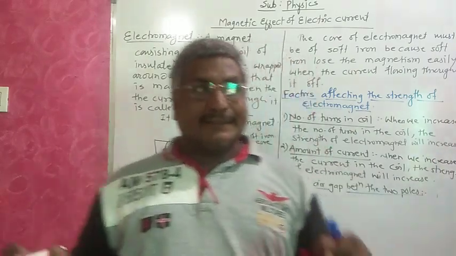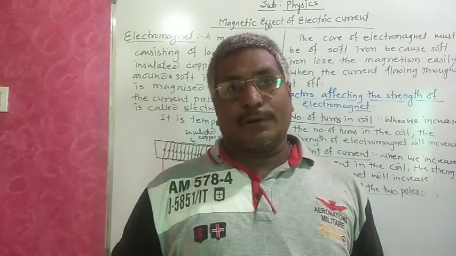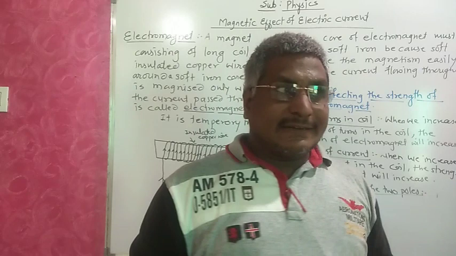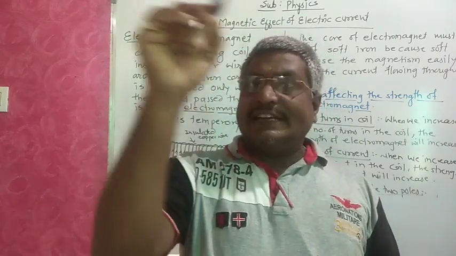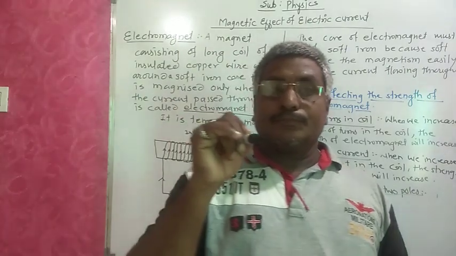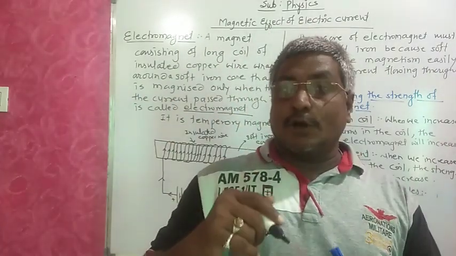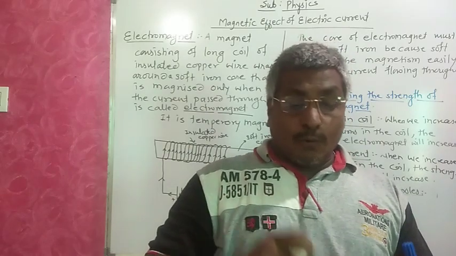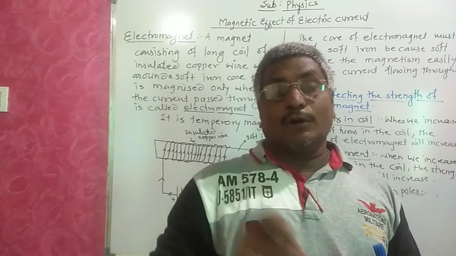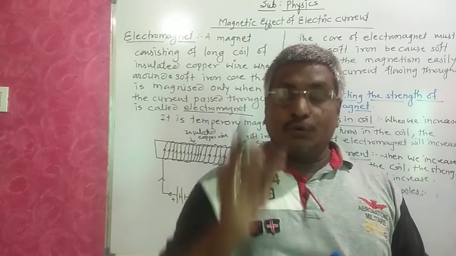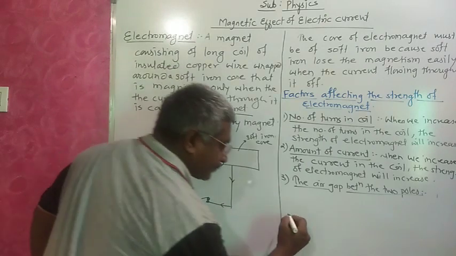In that transformer there are U-shaped or E-shaped soft iron plates, and a coil is wound on that soft iron U shape.